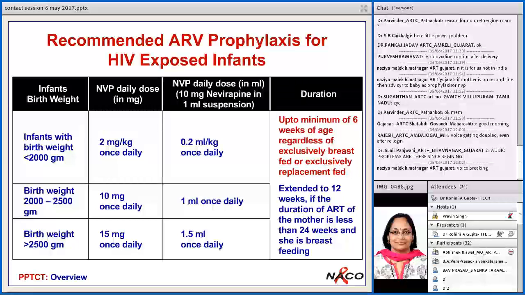But what is to note is that this is done only in breastfeeding mothers, breastfeeding babies. Babies who are on replacement feeding do not require extended nevirapine prophylaxis.